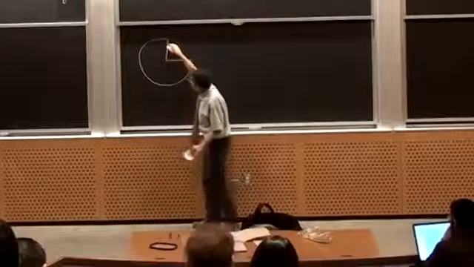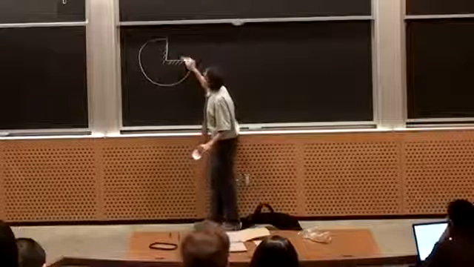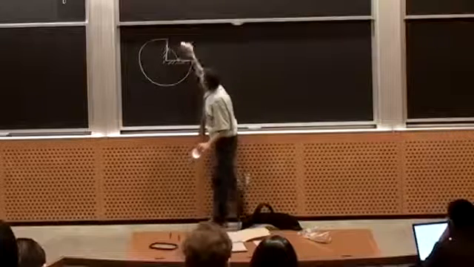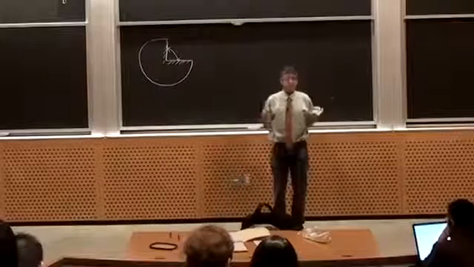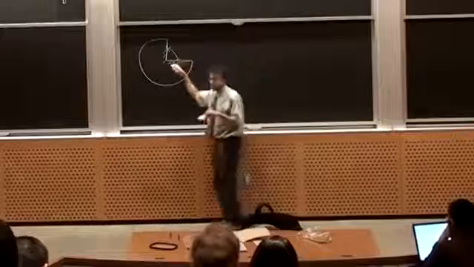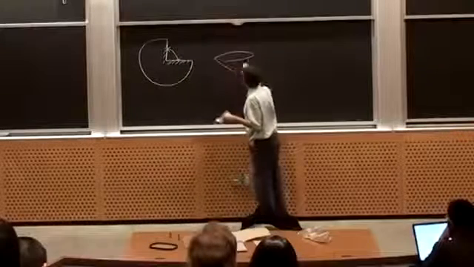Then I taped this edge to that edge. Or in mathematician speak, I identified the edges, which now I know means I taped the edges together. And then you get a cone like that.